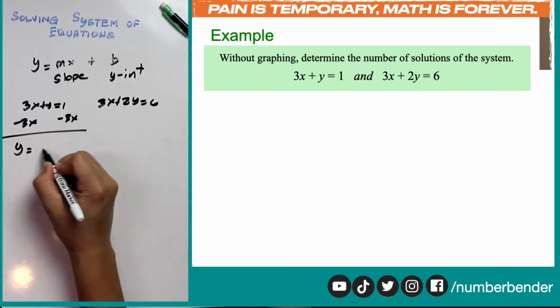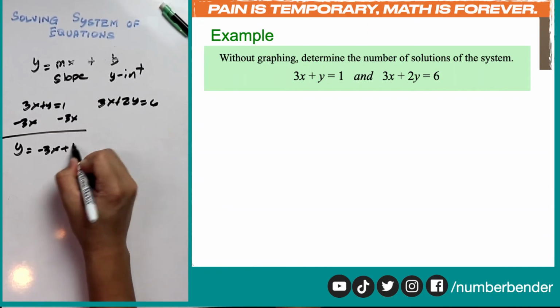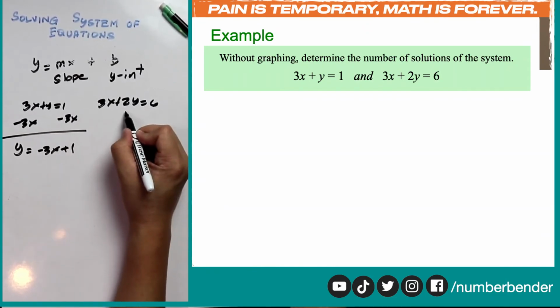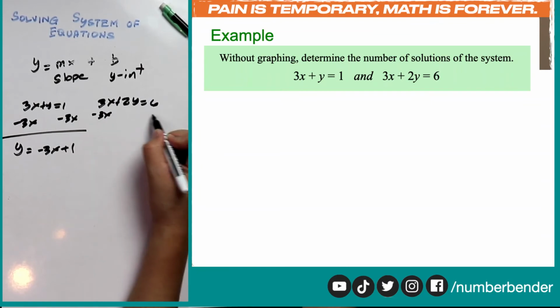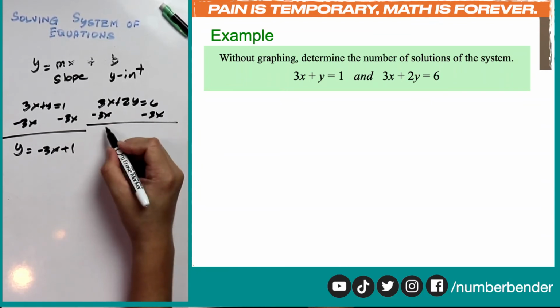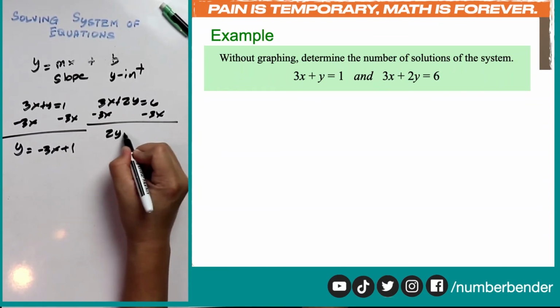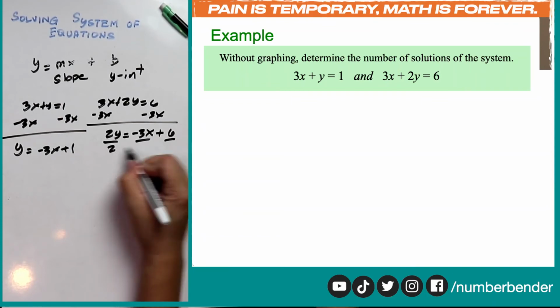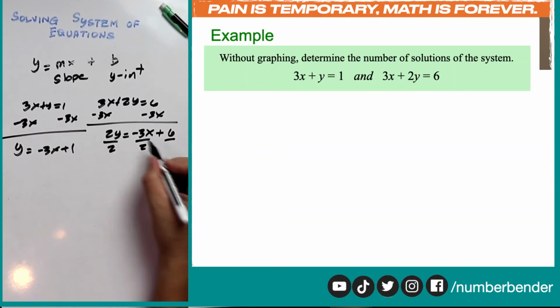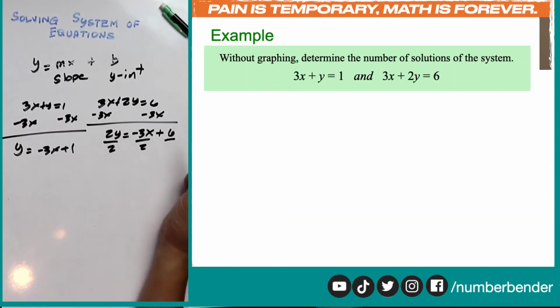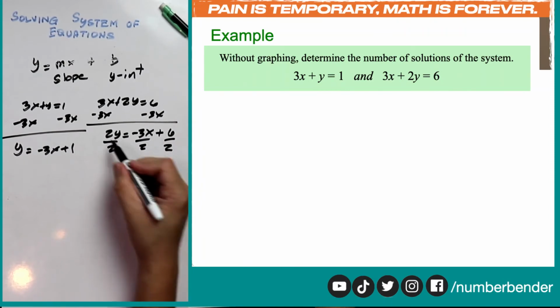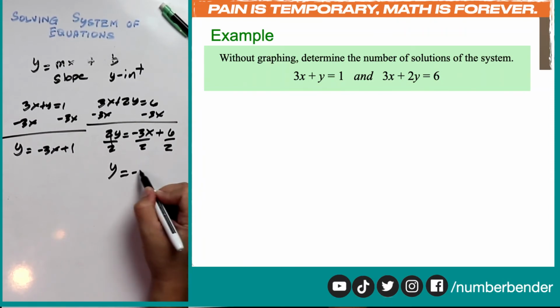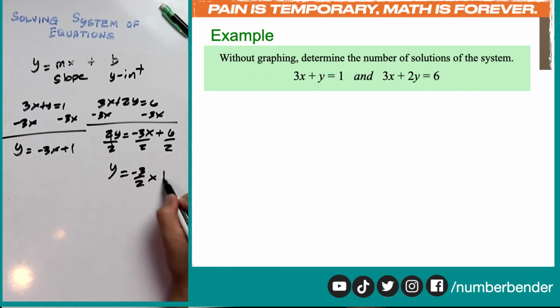So we have y is equal to negative 3x plus 1. And in this case, we have to subtract 3x on both sides. So we'll have 2y is equal to negative 3x plus 6. Divide all of them by 2. So we have y is equal to negative 3 over 2 x plus 3.